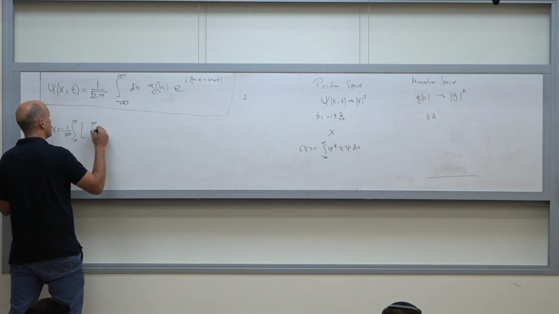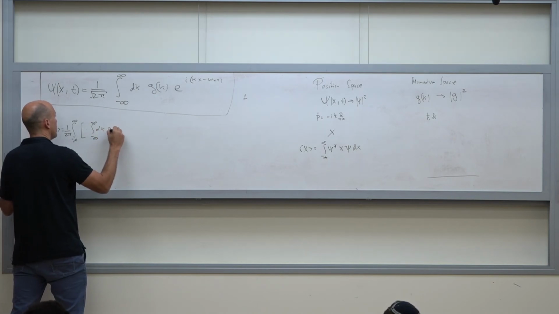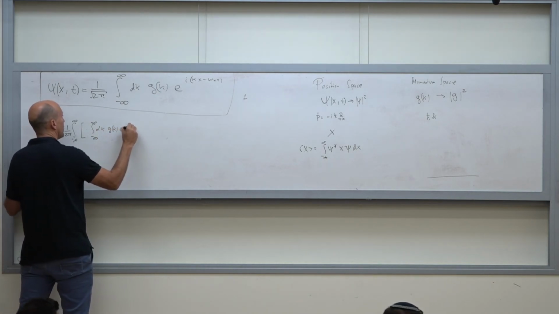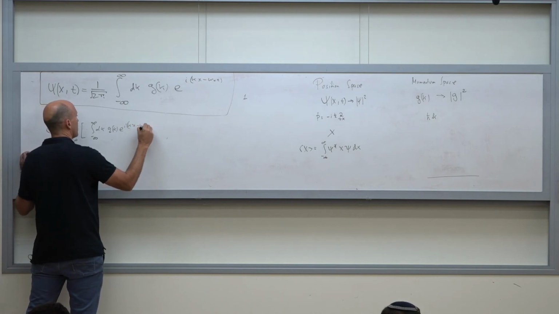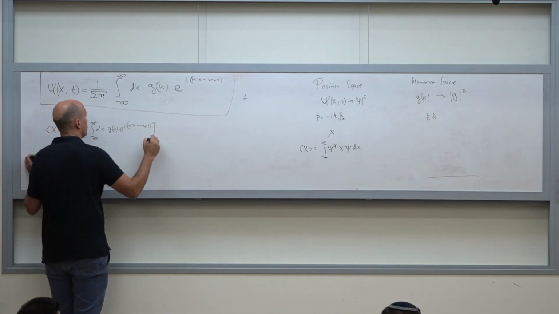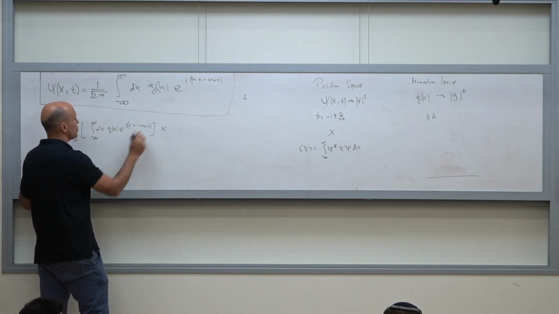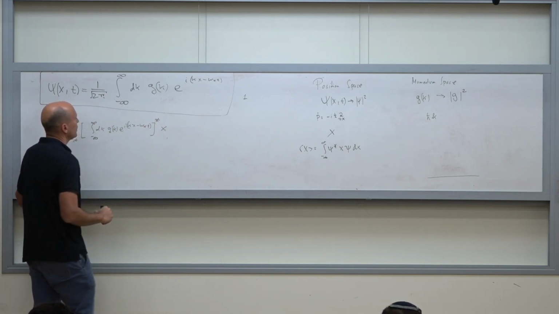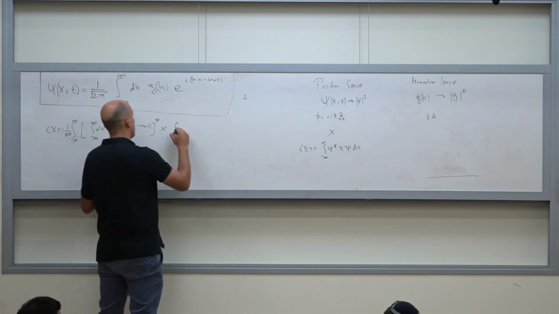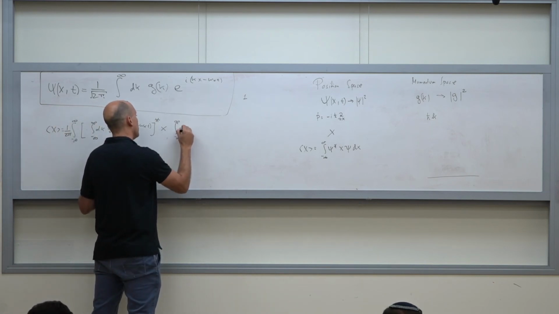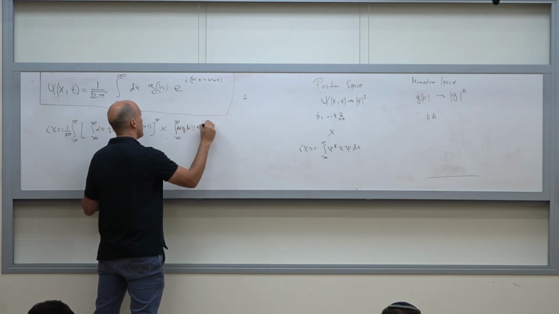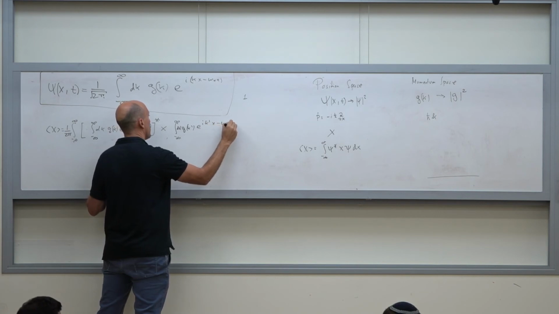Integral from minus infinity to infinity, dk, g of k, e^{i(kx - omega_k t)}, x, because I'm calculating the average. This is the wave function. This I have to take the star of, right? Then I have the wave function, integral from minus infinity to infinity, g of k prime, dk prime, e^{i(k' x - omega_k' t)}.